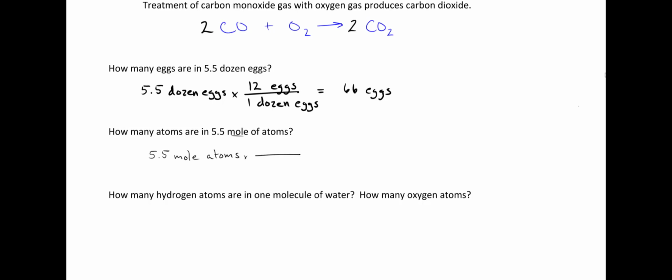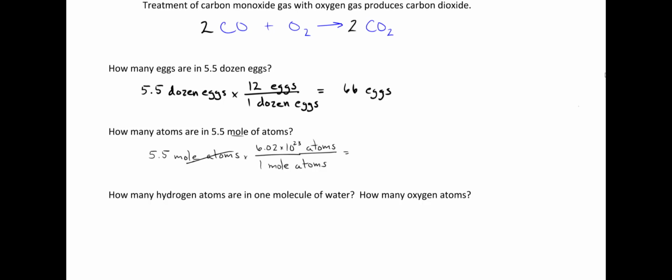And we are going to use the same concept as we used in the previous problem. 1 mole of something, and in this case it's a mole of atoms, is Avogadro's number of that thing. So Avogadro's number is 6.02 times 10 to the 23rd of whatever we're talking about, so atoms in this case.